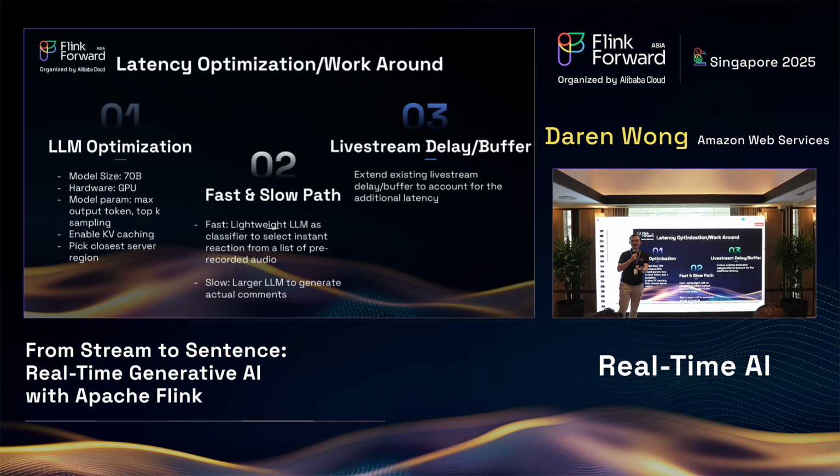The third option here is to extend the live stream delay buffer by maybe a few more seconds. For those who are familiar with how live streams work, there's usually a built-in delay or buffer in place. For example, a live stream that you're watching right now probably has at least a few seconds of delay built into it, and it's for good reason.